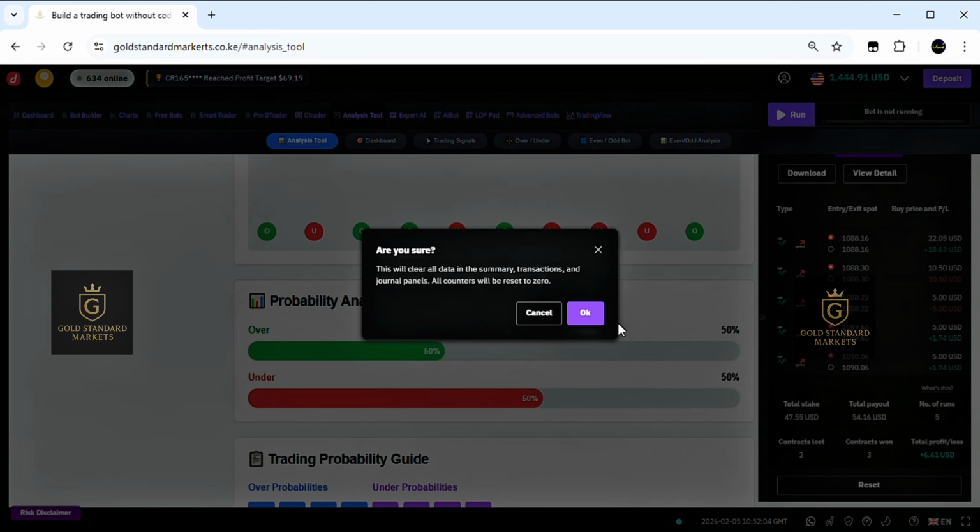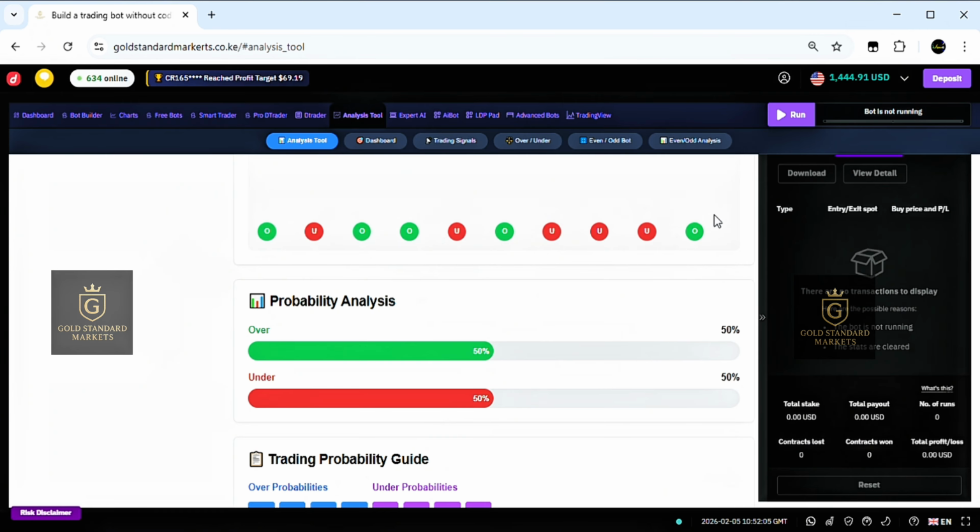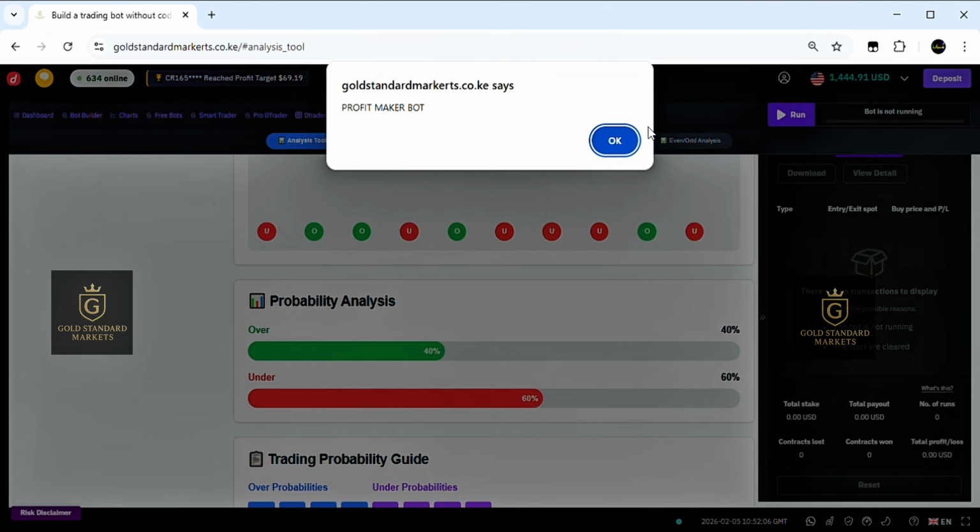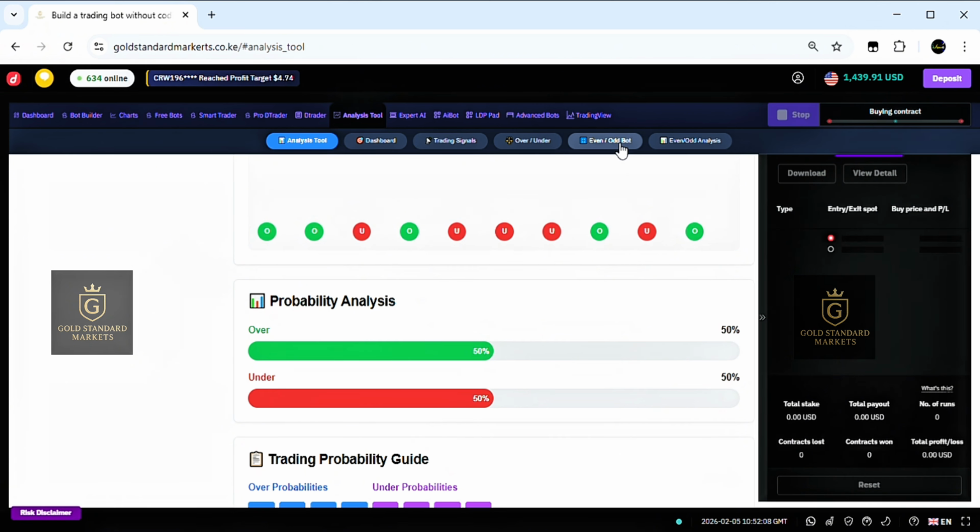So I cannot emphasize this enough, okay? Please, the way I'm trading back to back, I do not encourage you to trade the way I am trading. I'm trading like this because I've got confidence in it, and I already understand it.